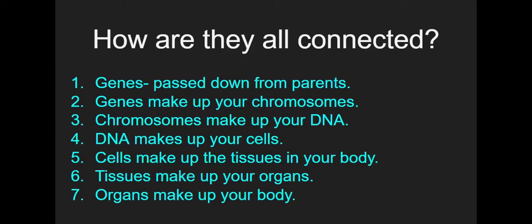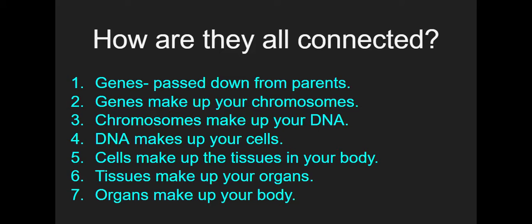And our genes make up our chromosomes. So we're going to put her in the next doll, all right? And then our chromosomes are inside our DNA. So we're going to put it into the next doll. And then the DNA is inside our cells, and our cells make up our tissue, and our tissues make up our organs, and our organs make up our body.